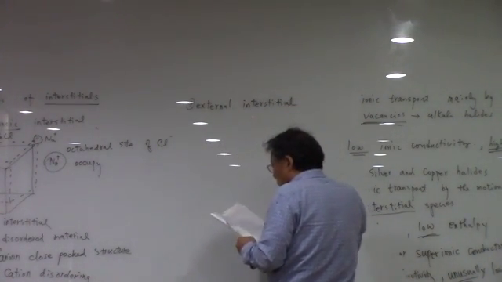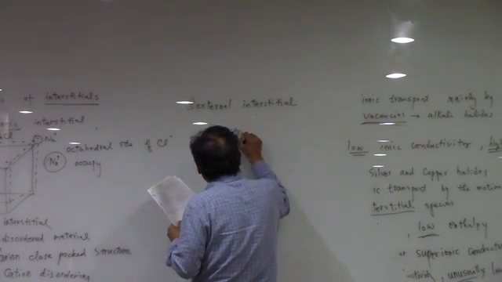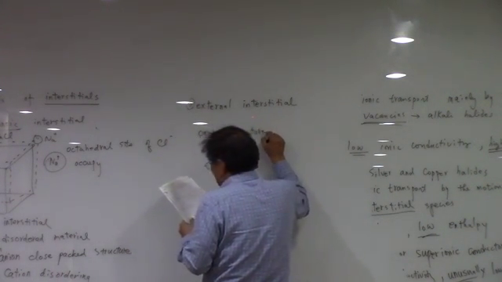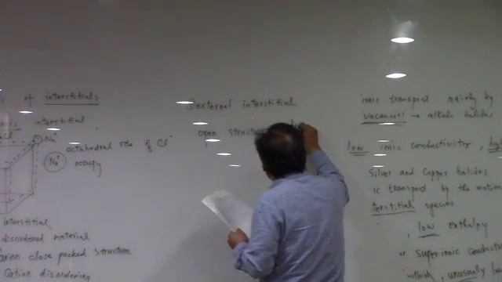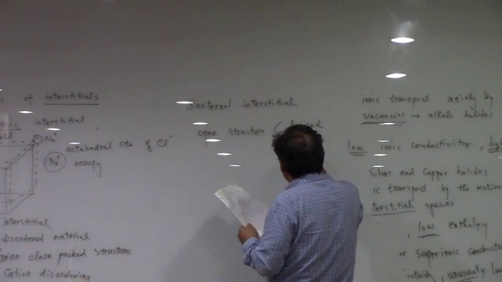External interstitials are related to the open structure, like a layered structure or the tunnel structure.